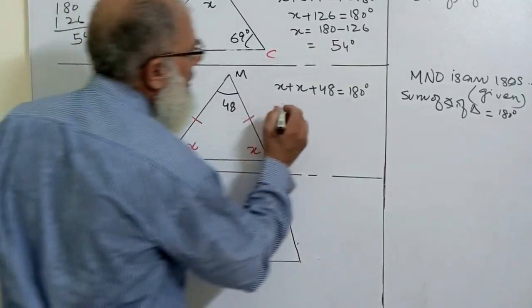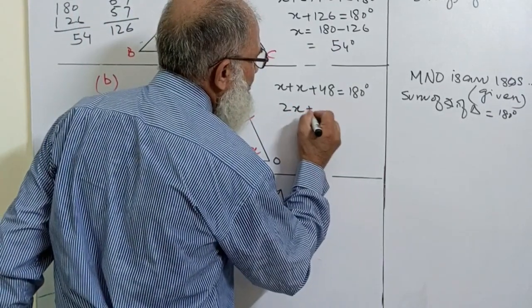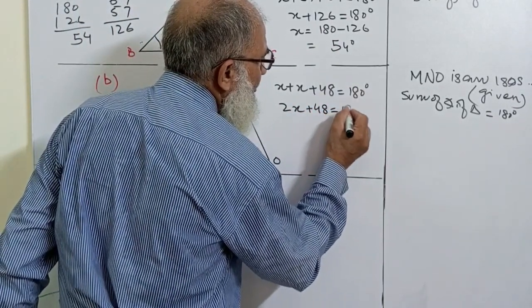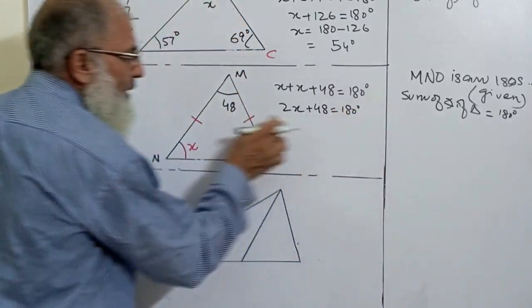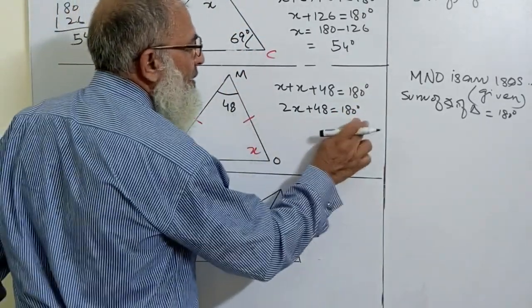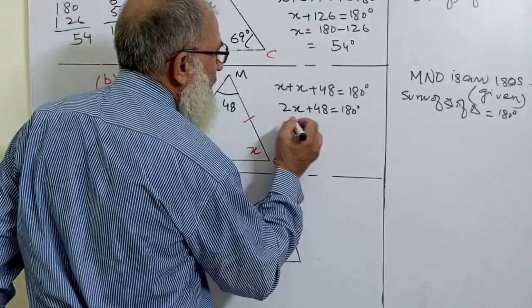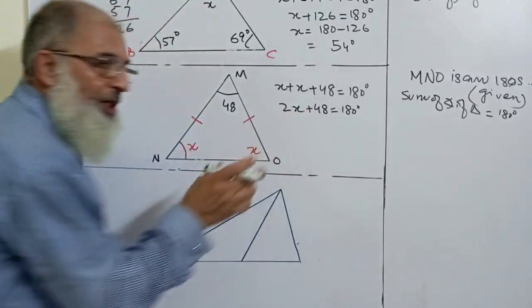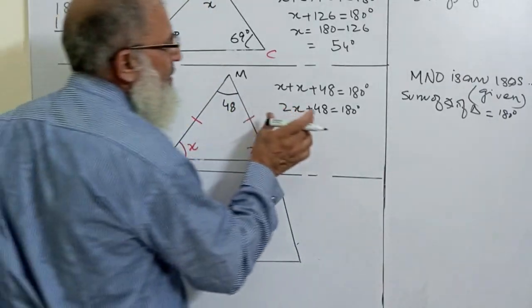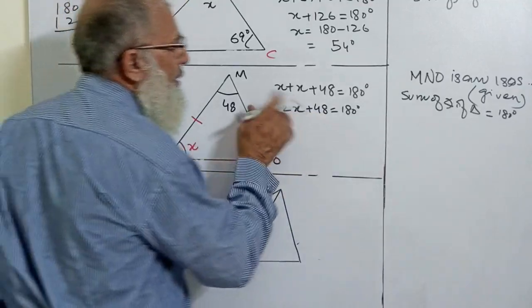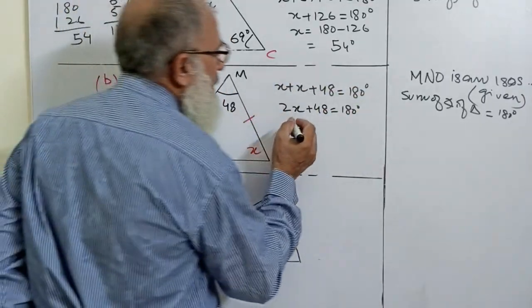Continue with this. 2x plus 48 is equal to 180 degree. Now this is a simple algebraic solution. When we come to the algebraic stage, we'll do it in detail.